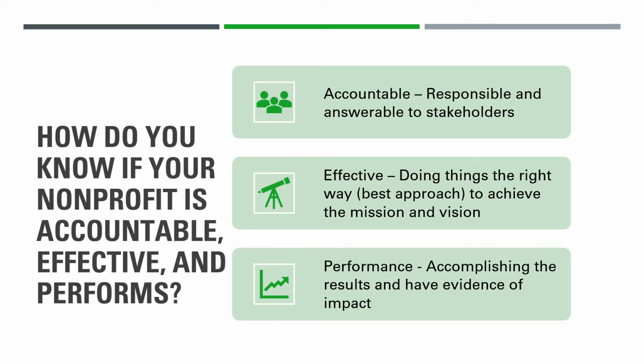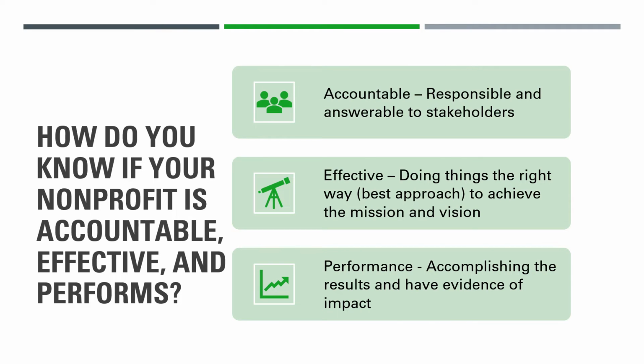Now, how do you know if your nonprofit is accountable, effective, and performs? Those are the 3 criteria for a nonprofit, and those are the criteria that most rankings of nonprofits look at.